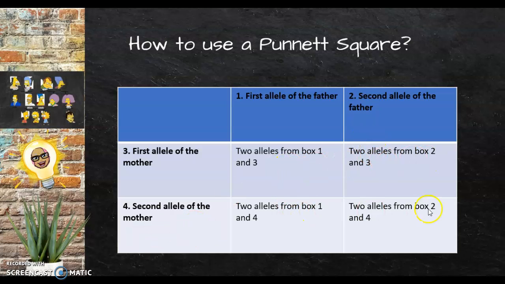Here is where you're going to actually combine the alleles to create the Punnett Square. So in this box, you're going to use the two alleles, one from box 1 and one from box 3, and you'll combine them together. And then the same goes for this box, that one, and this one.